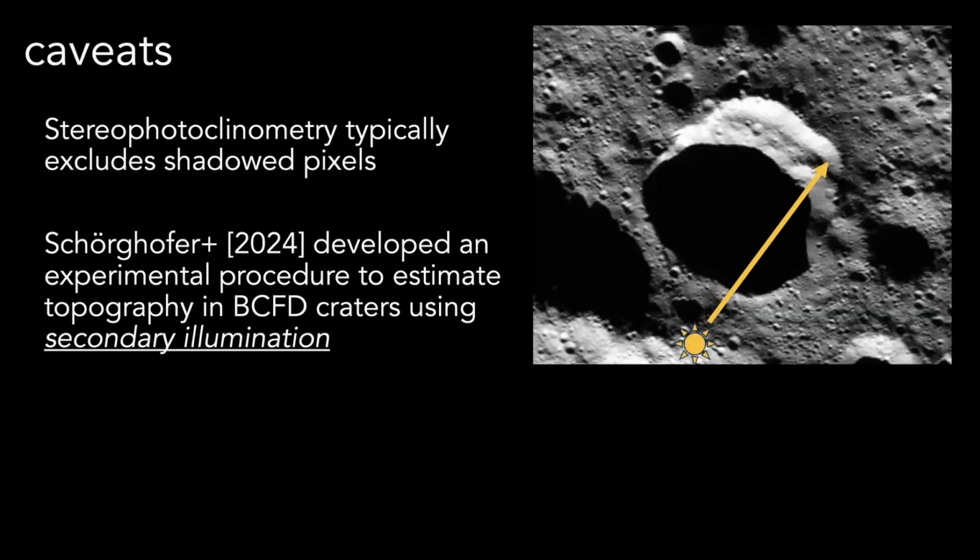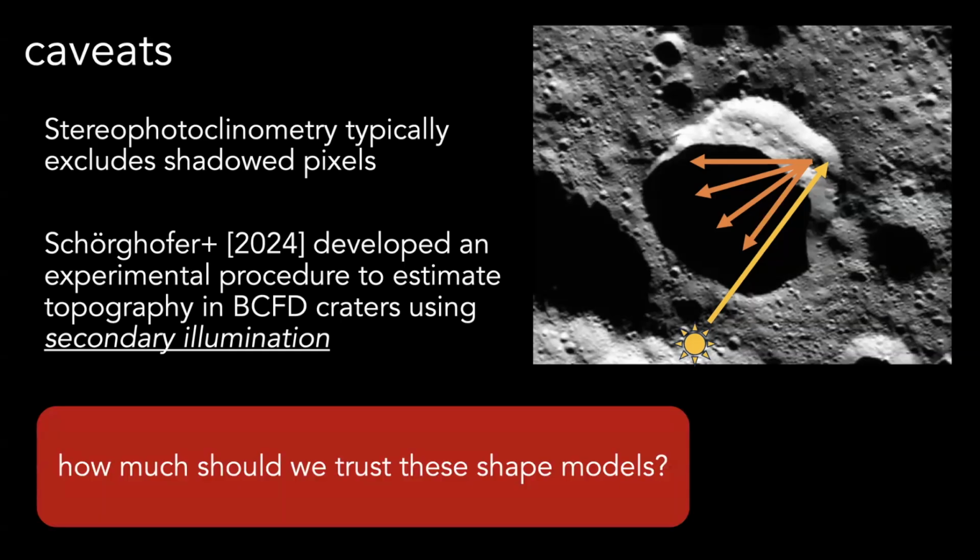And that is not the case inside these shadows, because secondary illumination is very complex. The interior of this crater is being illuminated from many different angles, because it's being illuminated by sunlight that is scattering off of this crater wall and thermal emission from these sunlit surfaces. So there's good reason to be skeptical of these shape models, especially in the portions of the crater that are shadowed.